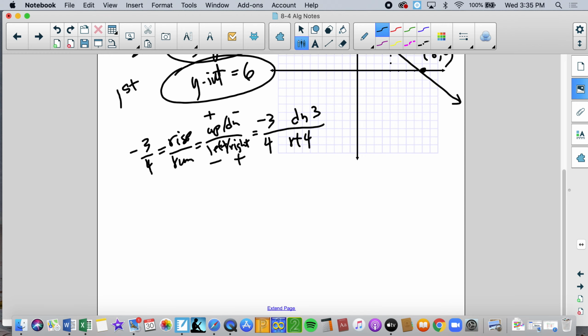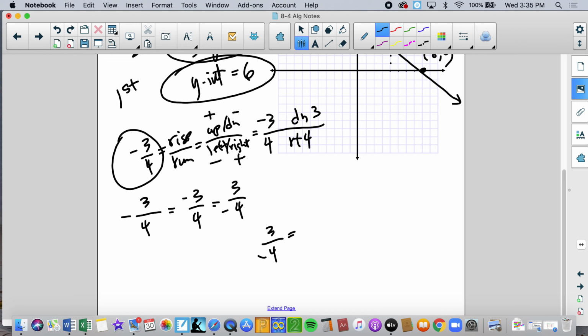Let's talk about that slope, negative 3/4. Remember that the negative can go in the numerator, or the negative can go in the denominator. It can't go in both. It has to be either in the top or the bottom. This is if it's in the top. If it was in the bottom, we would have done up 3, because +3 is up, and we would go left 4, because left is negative.